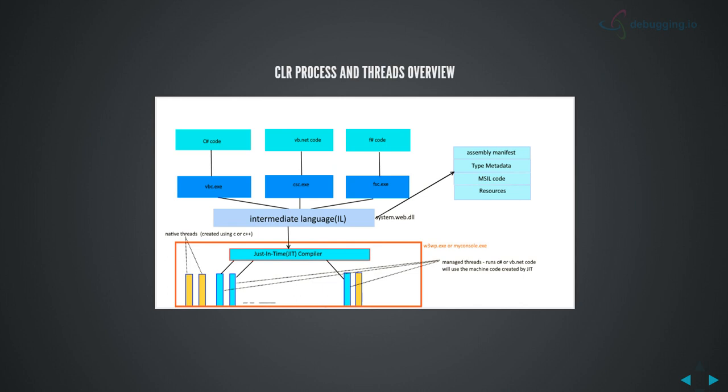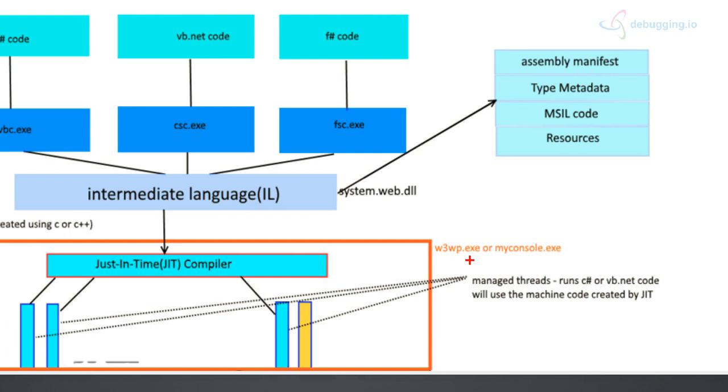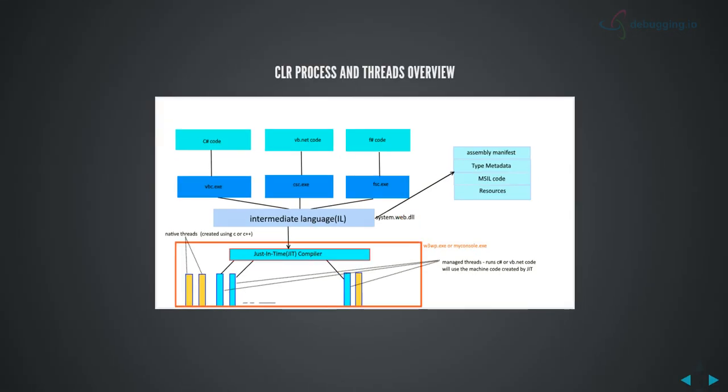Consider a process, in this case w3wp.exe, but it can be any process. It can be your console application, it can be a WPF application, it can be anything. And you have threads executing your code.